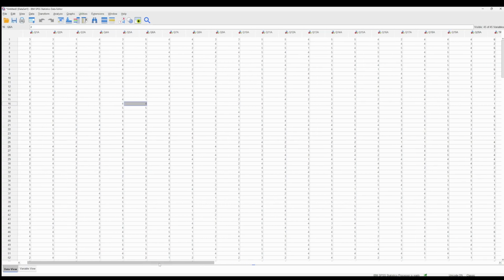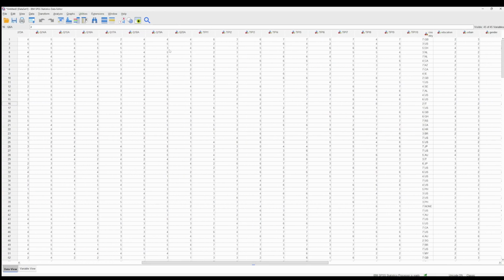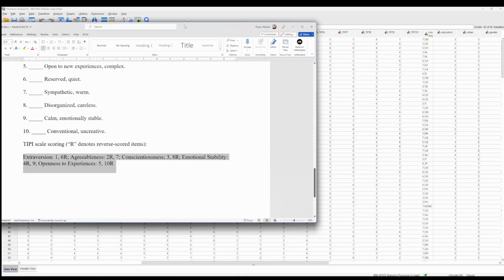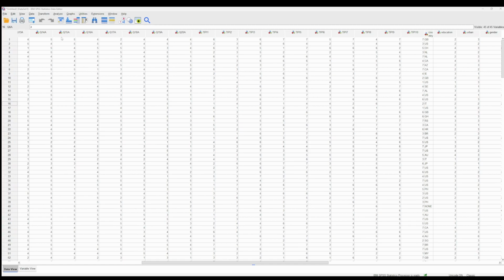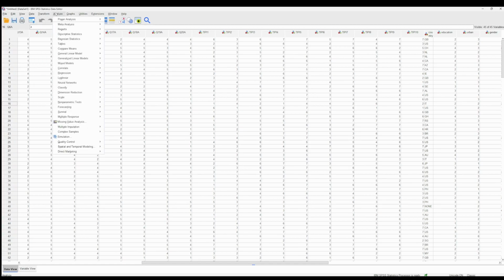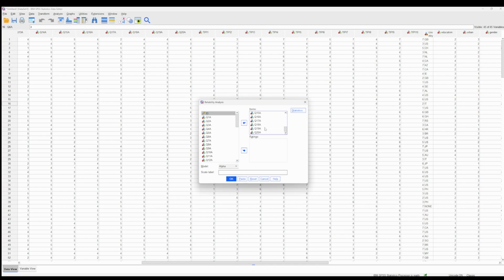Now we do the same with the TP. So we can see here again, looking exactly what we need to measure. So items 6 and 1 after being reversed measure extroversion. So let's do that one. Analyze, scale, reliability analysis. 6 and 1, so 1 and 6.